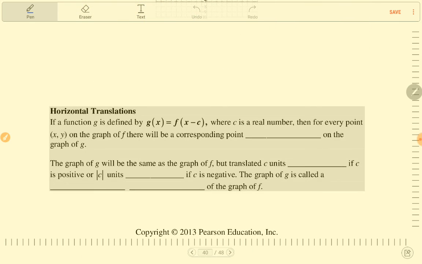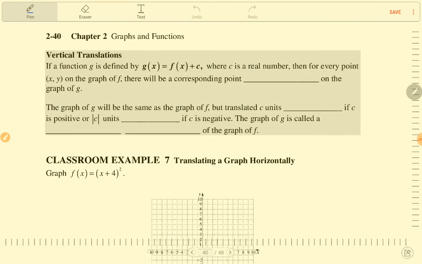Okay. All right, then, vertical translations. If a function g is defined by taking some basic function we're familiar with and then adding a constant to it, where c is some real number, then for every point x, y on the graph of f, there will be a corresponding point x comma y plus c.